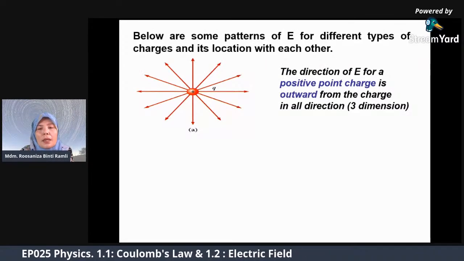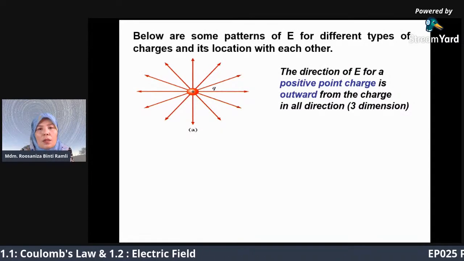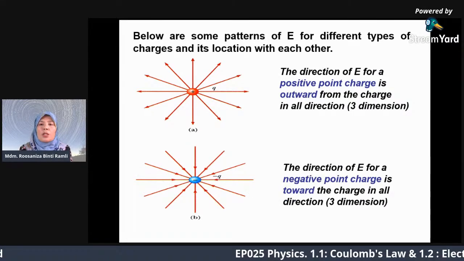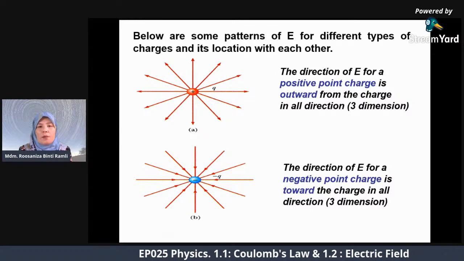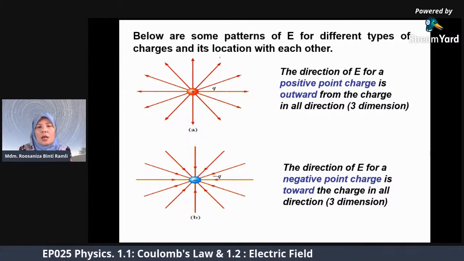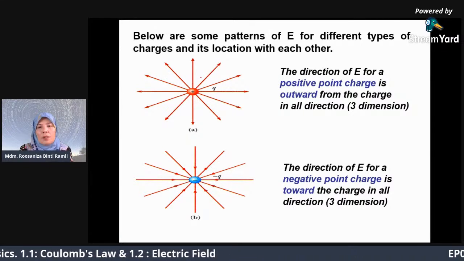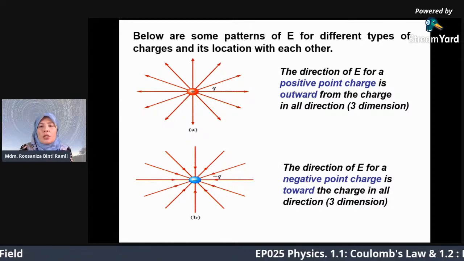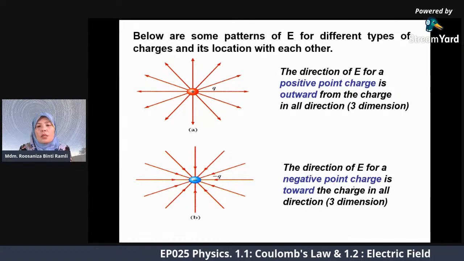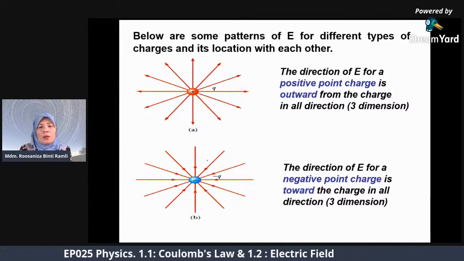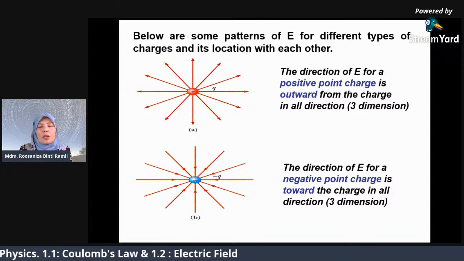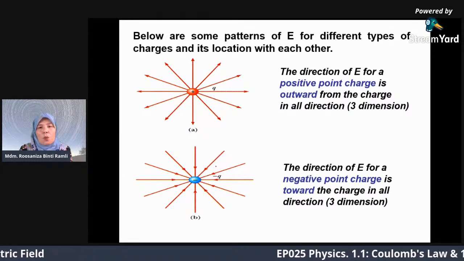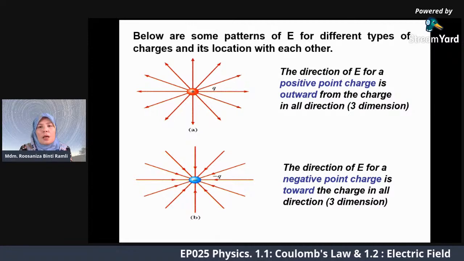So this is how to draw the direction of E. The direction of E for a positive point charge is outward from the charge in all directions. For a negative point charge, the direction of E is toward the charge.